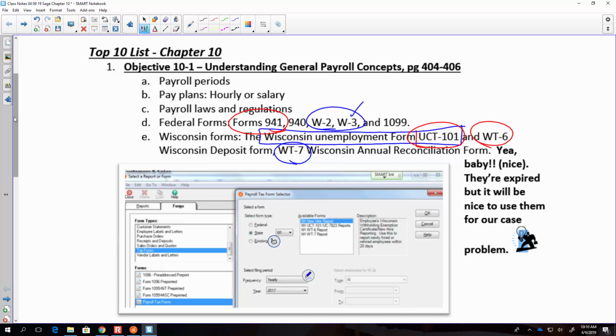Well, Wisconsin also has a summary page for the WT6. It's a WT7. So very similar to what federal requires, Wisconsin also requires a summary of the WT6. Here again, the WT7 summary has to match or total up to your WT6s throughout the year. Has to. Again, if it doesn't, they'll audit you.